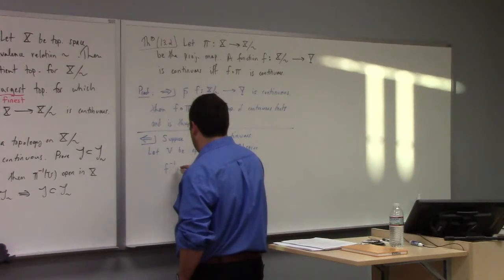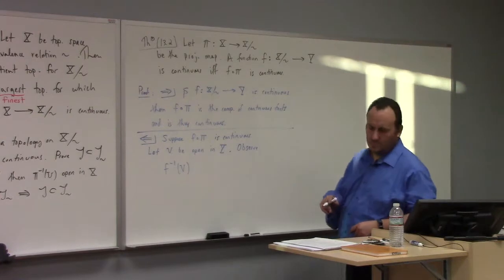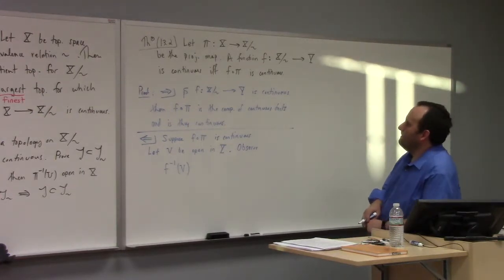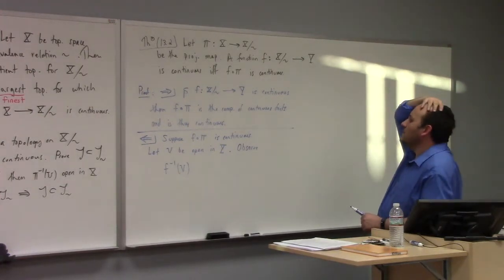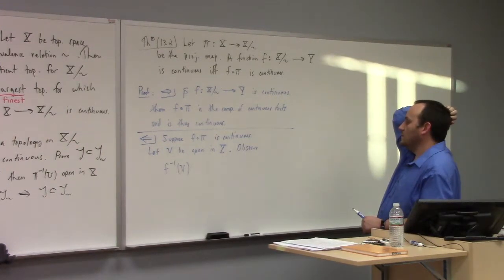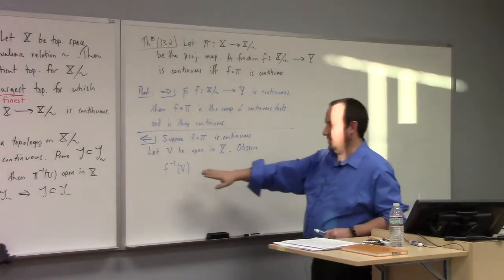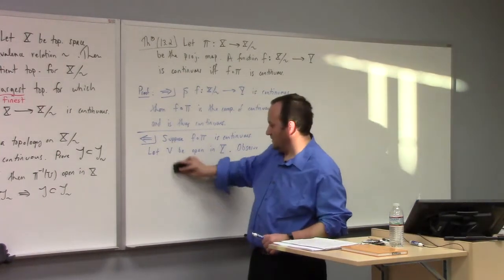Why is f inverse of V... how can I use pi on that? Use the whole function. So forget about this for a second and look at what?